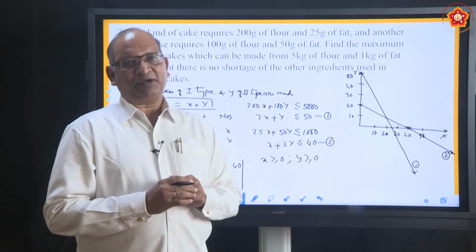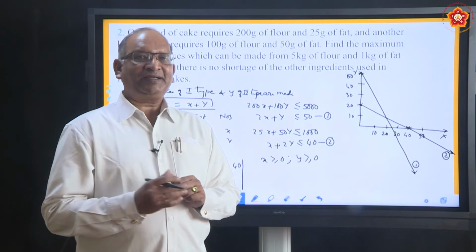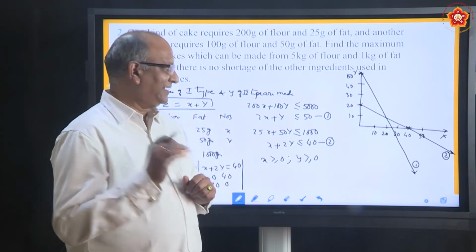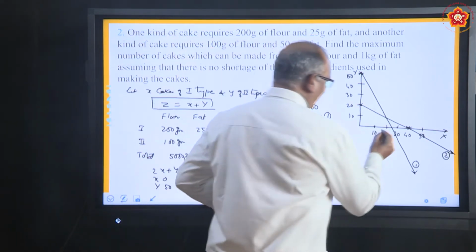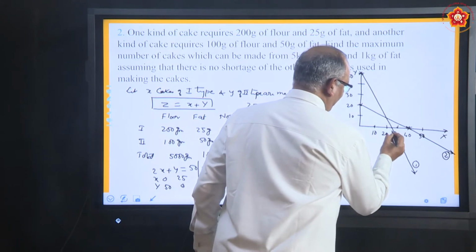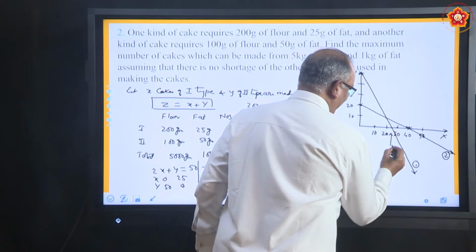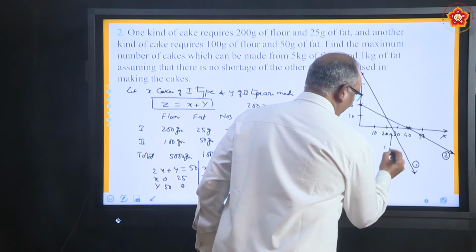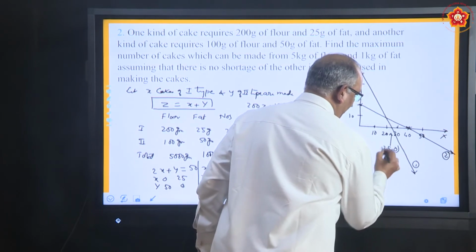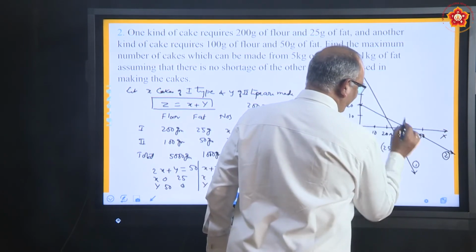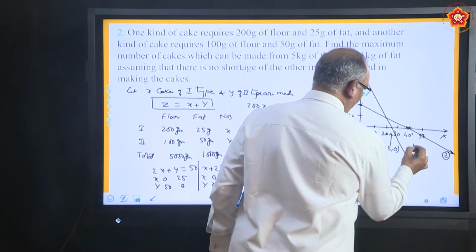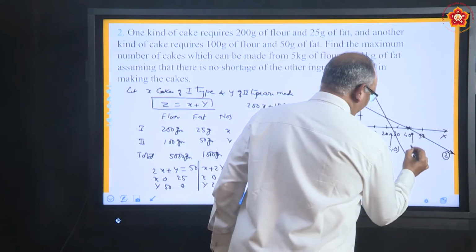Now, what is important? Important is to know where they are intersecting each other. This is one point where they are intersecting. What is that point? 25 comma 0. This is another point where they are meeting each other. What is this point? It is 40 comma 0.